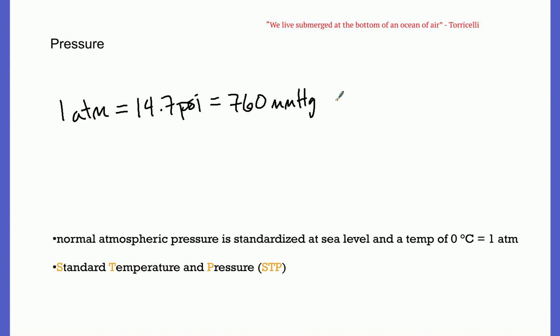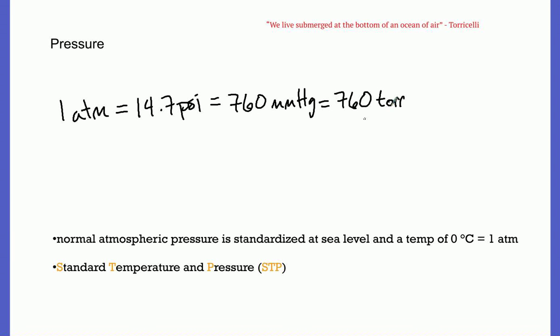In fact, the first time pressure was measured, they used an inverted test tube filled with mercury, and the height of the mercury in that test tube gave us our first pressure measurement. And the guy who did that was the guy from that quote above. So we don't usually call it 760 millimeters mercury. We usually call it 760 torr, for Torricelli.